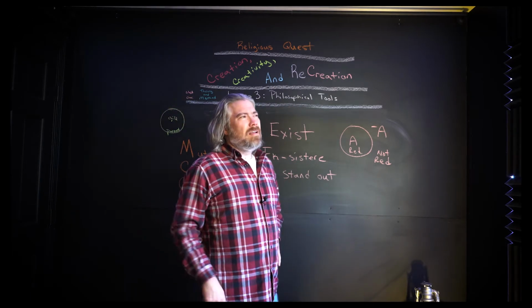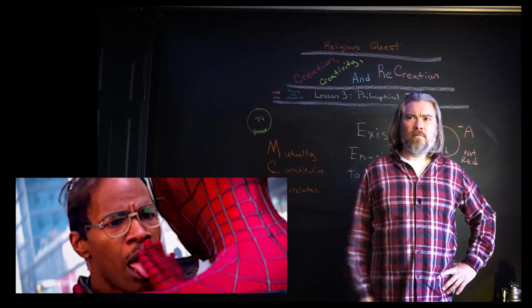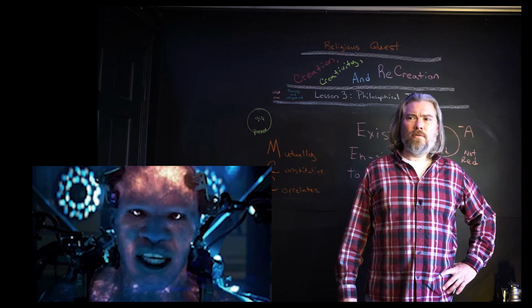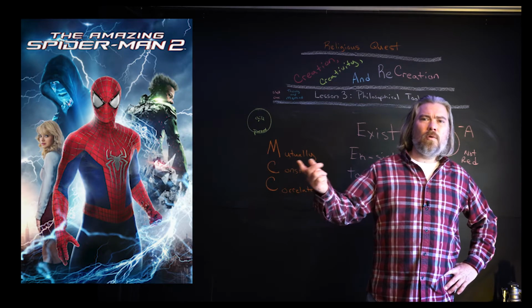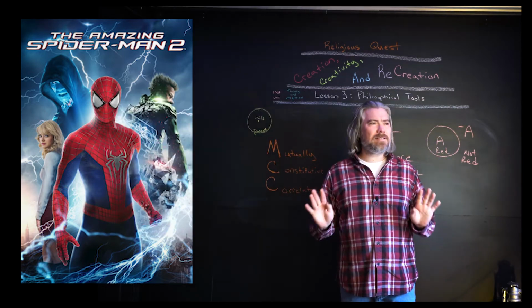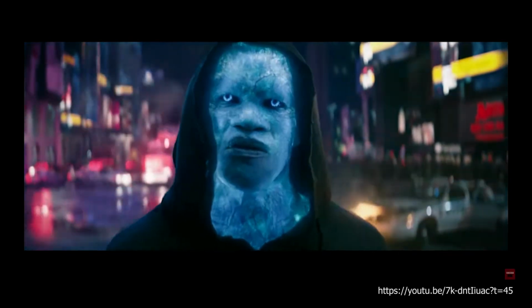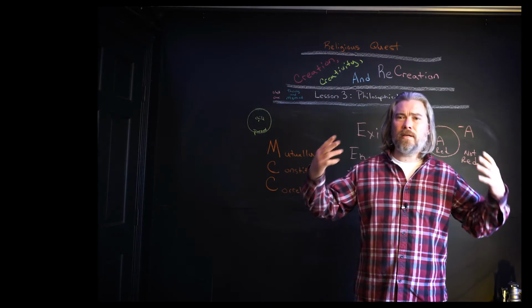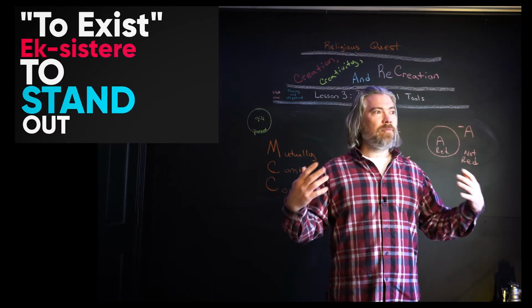Or if you've seen that movie, The Amazing Spider-Man 2, the one with Jamie Foxx as Electro, he's always saying, nobody sees me, I just wanted everyone to see me. And then all of a sudden he becomes Electro, and everybody's looking at him, and he's like, I exist now. Everybody sees me.